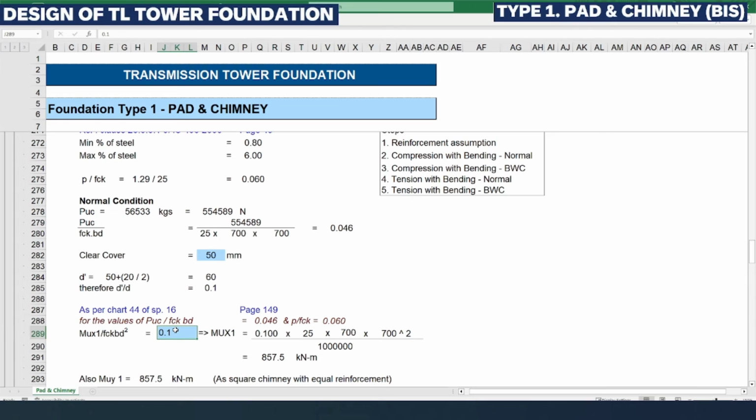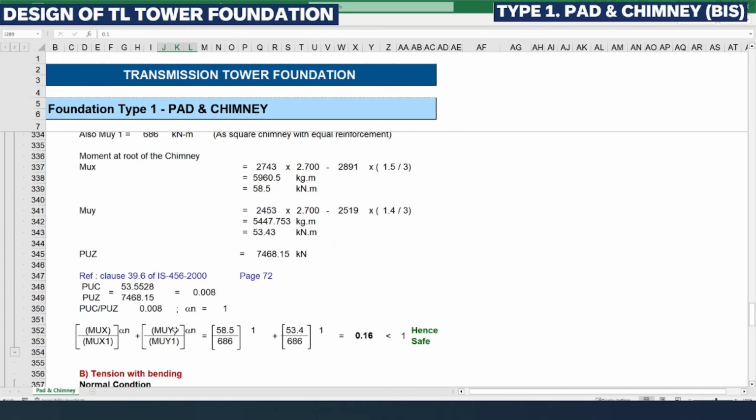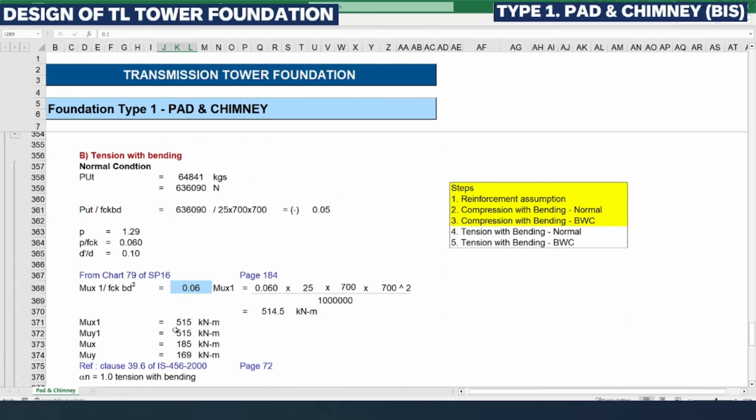That means the bending moment carrying capacity will be more if the concrete column is subject to both compression and bending, but if it is subject to tension with bending, then the bending moment carrying capacity will be reduced. So that is the intention, because concrete is weak in tension and strong in compression. So that is the main philosophy which is coming here.